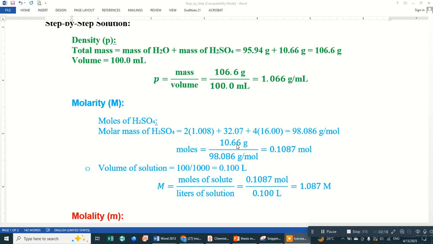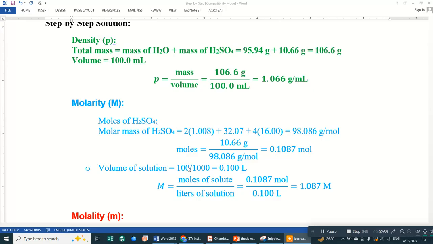10.66, that is the mass of sulfuric acid. 98, that is the molar mass of sulfuric acid. And the number of moles of sulfuric acid is 0.1087 moles. Next, the volume of solution is given as 100 ml.